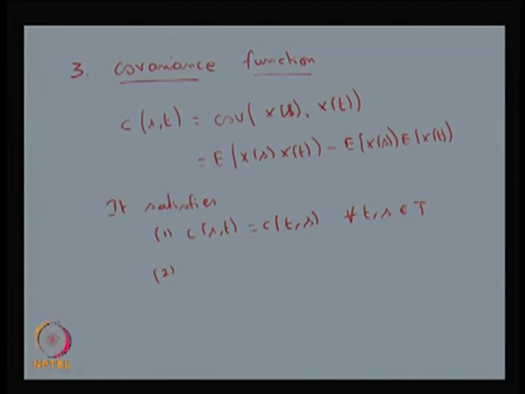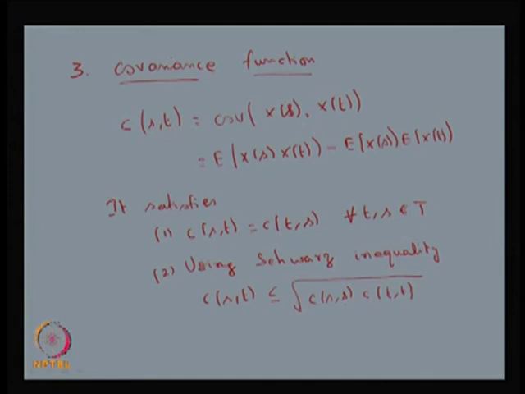The second property, using the Schwarz inequality, you can always say the upper bound is going to be C of s comma s and C of t comma t. This is going to exist because the second order moments are finite.